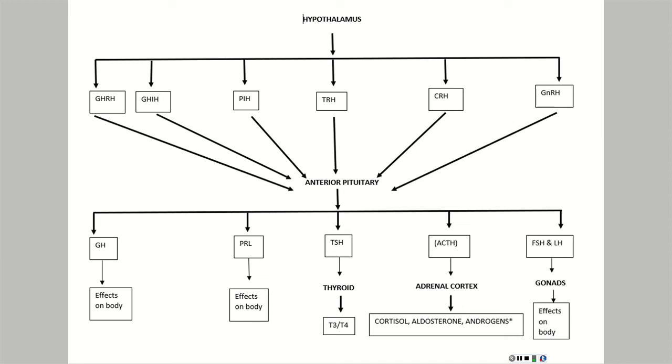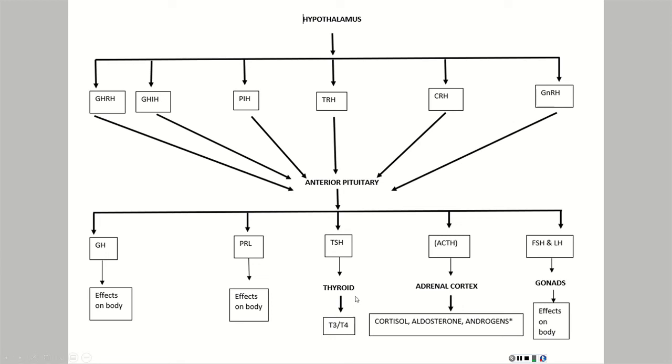In some instances, maybe the anterior pituitary has a problem and it doesn't release, let's just say, thyroid stimulating hormone. Well, if it doesn't release thyroid stimulating hormone, which is the stimulus for thyroid to release T3, T4, then TSH would be low in the blood. But additionally, T3 and T4 would also be low in the blood, and that would be a type of hypothyroidism.